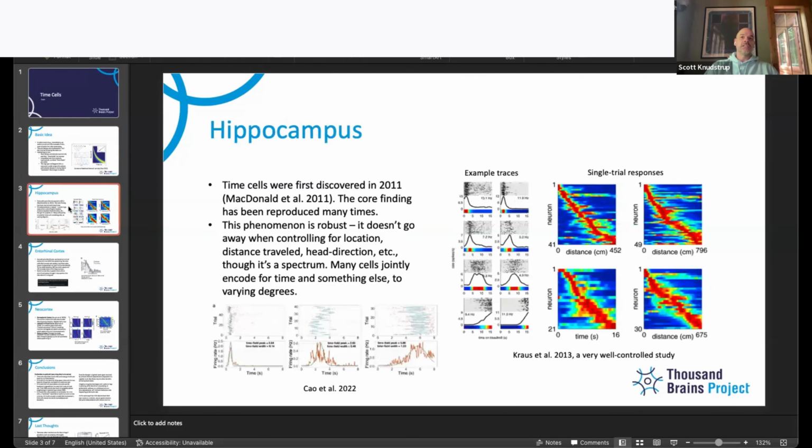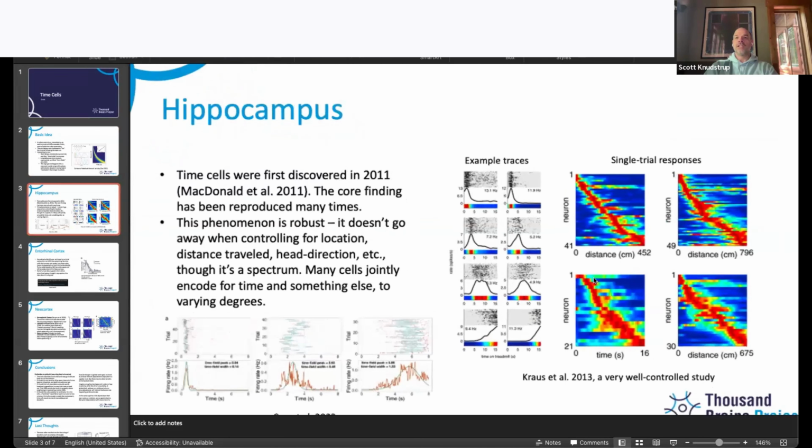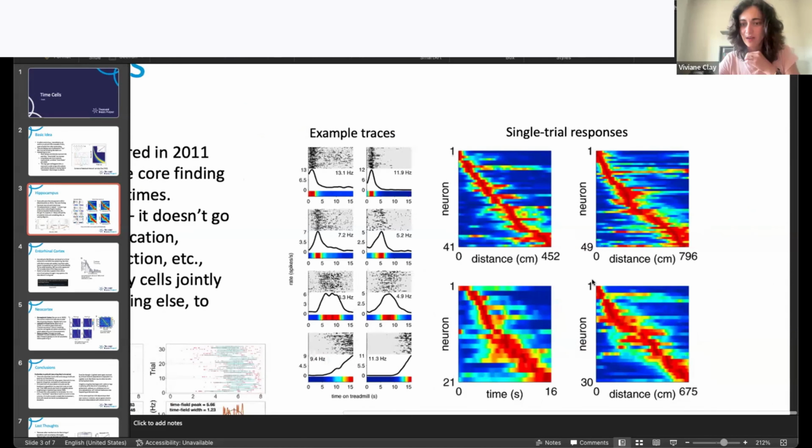This one? Yeah. So let's assume that as the circle spins around once, we go through that single trial responses plot, the red line. Can we zoom in? Yeah.